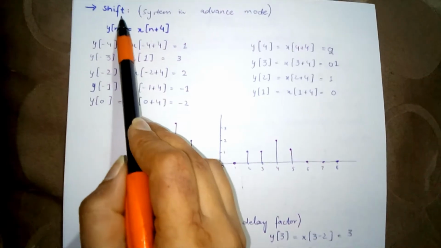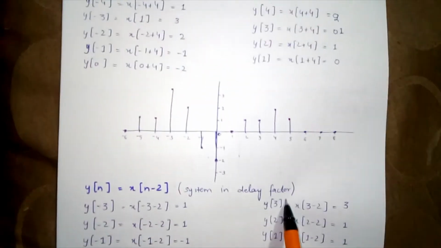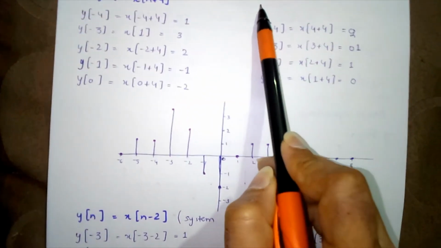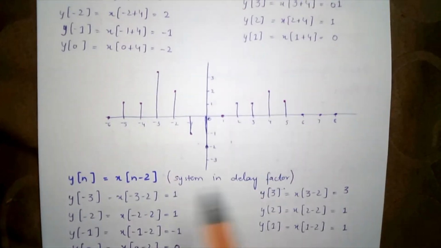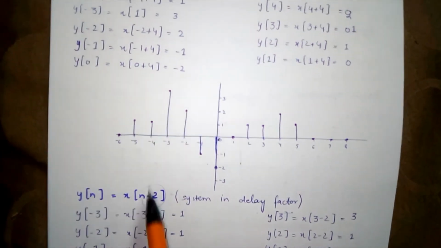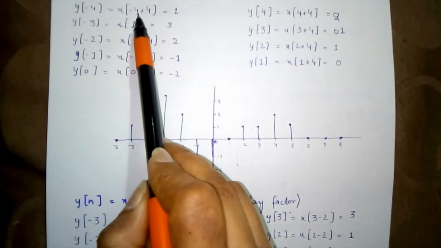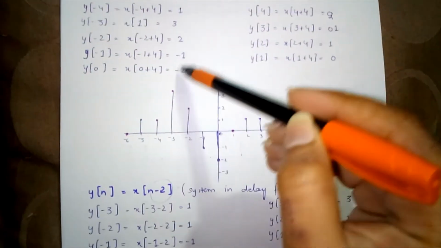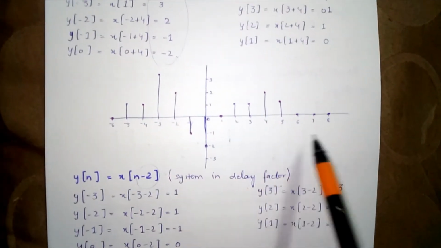Now the shift operation. The shift operation contains the advance mode and the delay factor. In advance mode, we add some integer value, and in the delay factor we subtract some integer value. This is the function. When we put the values of n in this function, we get the values, and from these values we draw the signal.